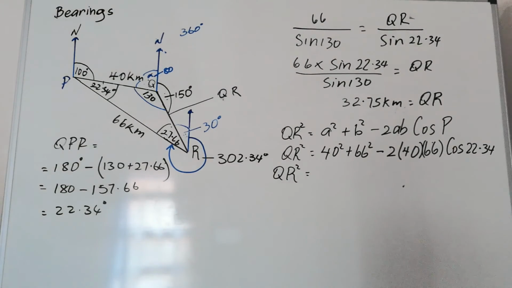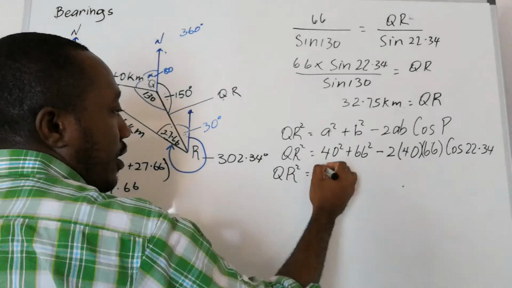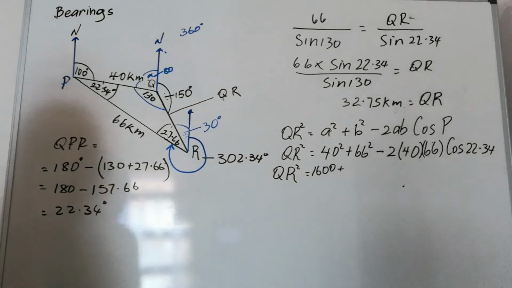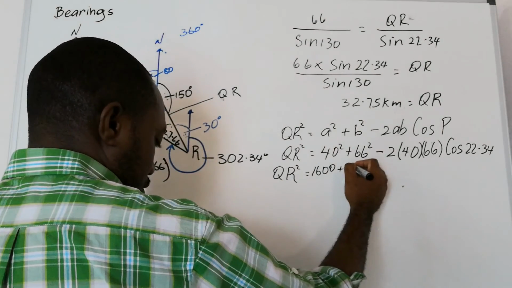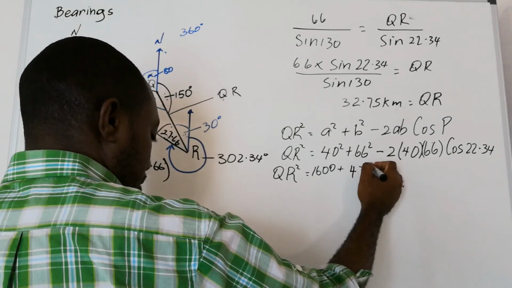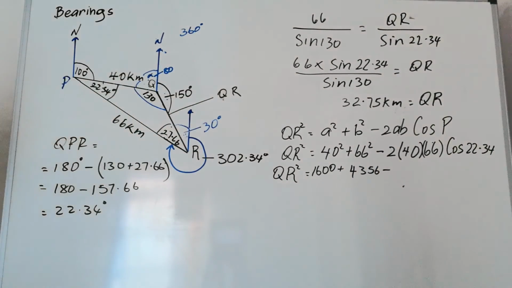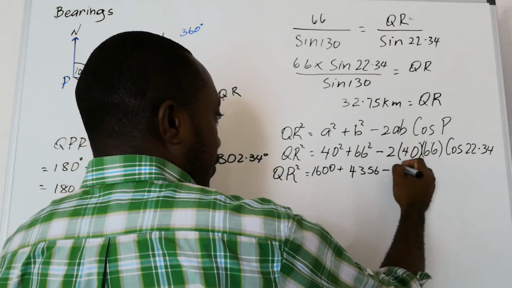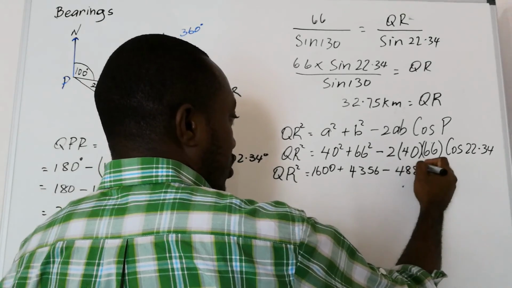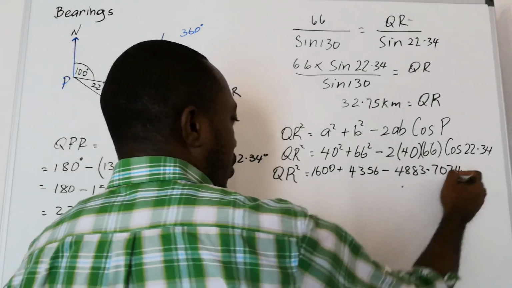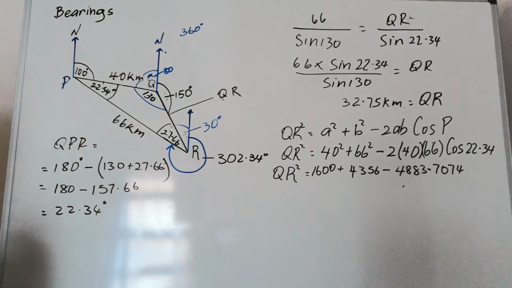So 40 squared will give us 1600 plus 66 squared gives us 4356 minus 2 times 40 times 66 times cos 22.34, which will give us approximately 4,883.7074. We'll put it to 4 decimal places.